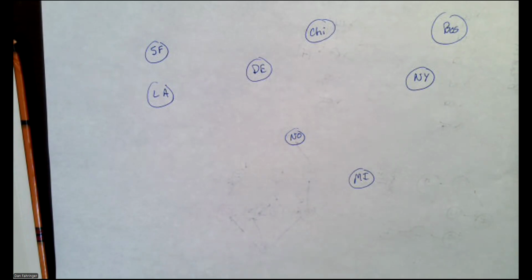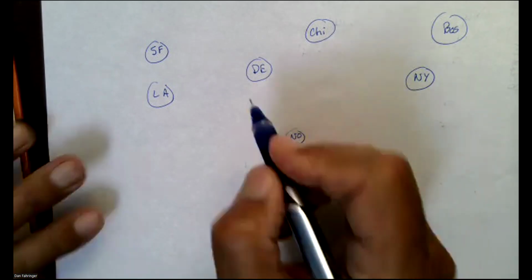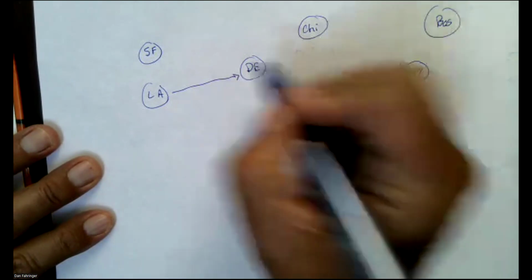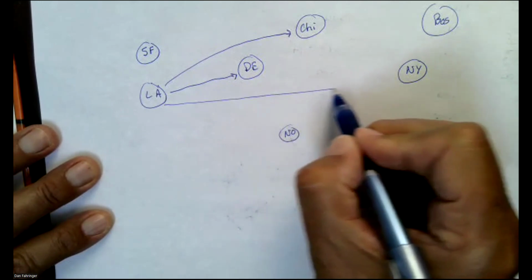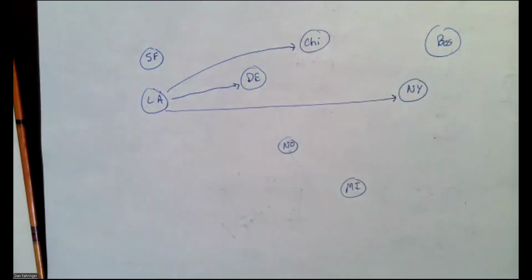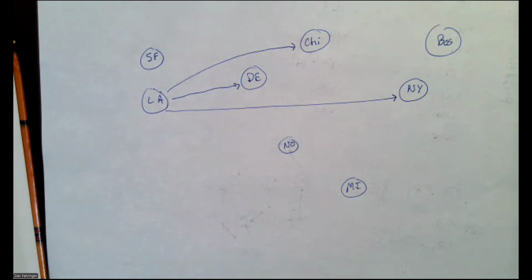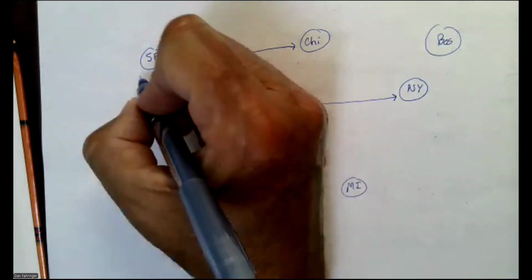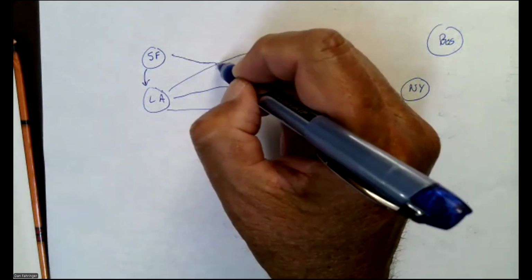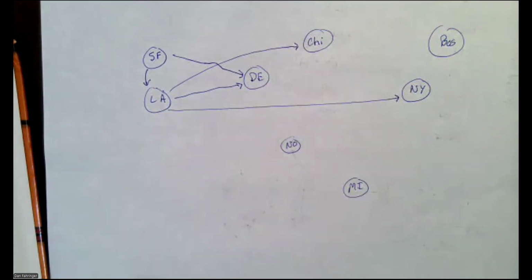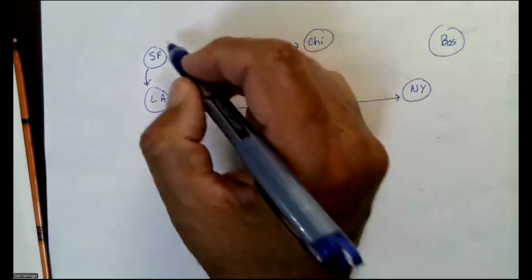LA goes to Denver, Chicago, and New York. LA flies to Denver. LA flies to Chicago. LA flies to New York. San Fran flies to LA. San Fran flies to Denver. Let's not run into each other. And San Fran, the last one is number 4, which is Chicago.